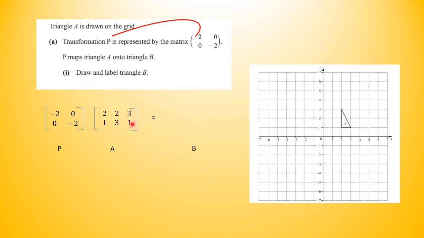I wrote the coordinates of triangle A in X, Y form. Thereafter, I use matrix multiplication to find the coordinates of triangle B.